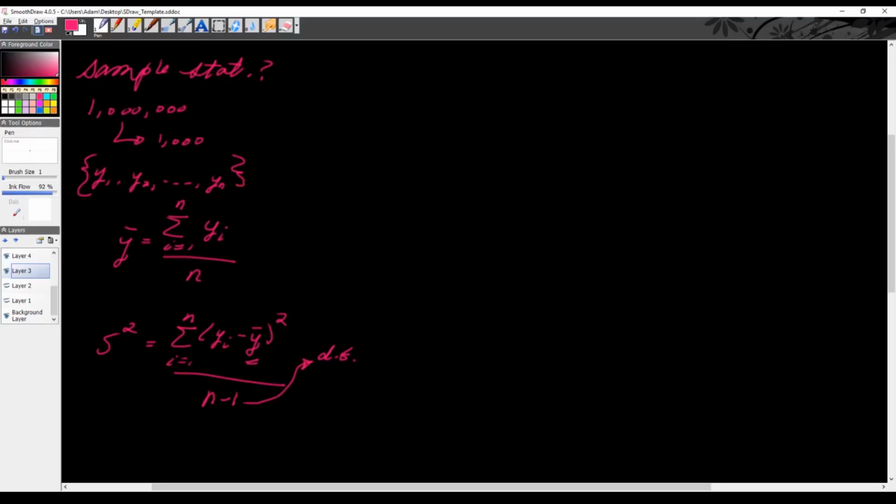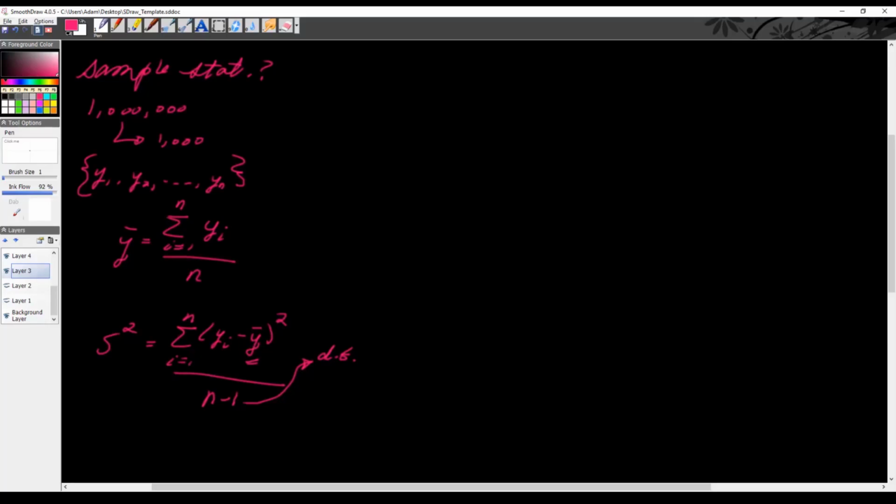If I look at a set of data and I know what the mean is, then I don't need one of the y values. I can solve for the last y value with all of the other y values and the mean if I know what the sample size is. Anyways, just know that when you work with a sample, you don't divide by n. You don't take the average of the sum of the squared deviations. You take something close to it.